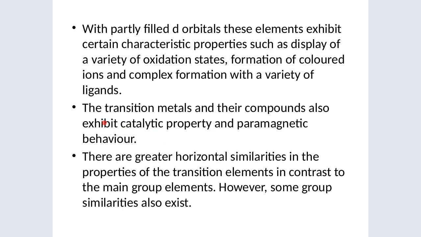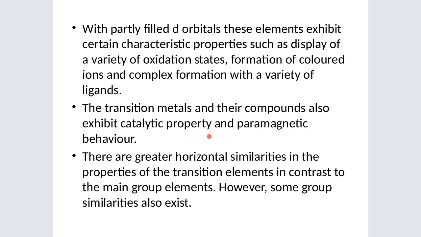And catalytic property usually is exhibited by these elements because of the existence of a variety of oxidation states. So they can be in one oxidation state as a catalyst, or at a point where they transit to the products, and then when they pass to the products, they can display a different oxidation state.